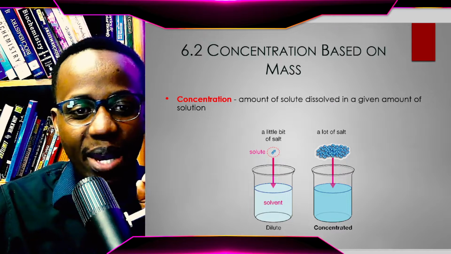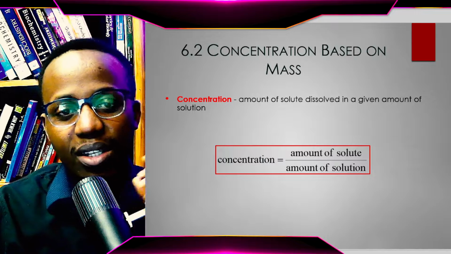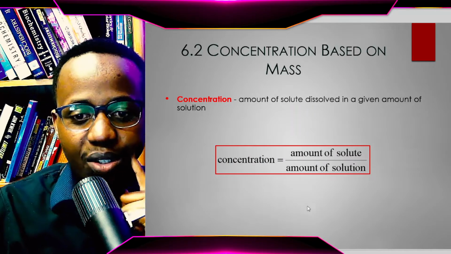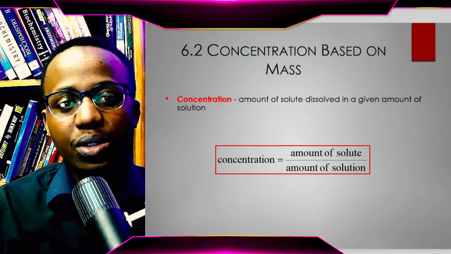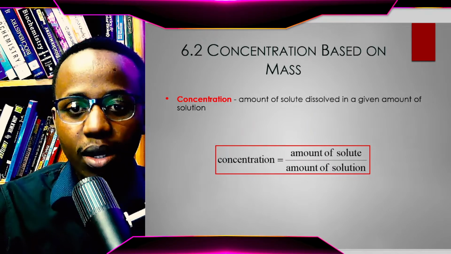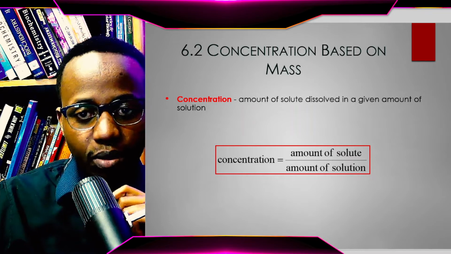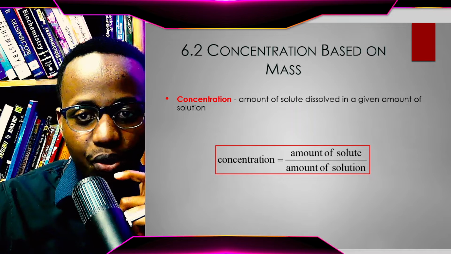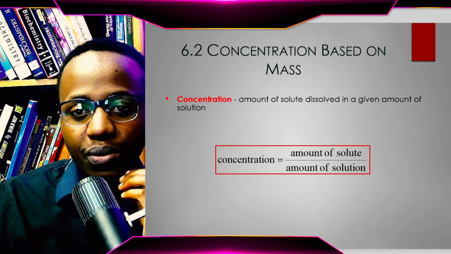But the main thing that we're going to look at here is different formulas based on concentrations. So the overall formula of concentration is the amount of solute over the amount of solution. But depending on what we're measuring, we're going to have different units for the solute and different units for the solution.